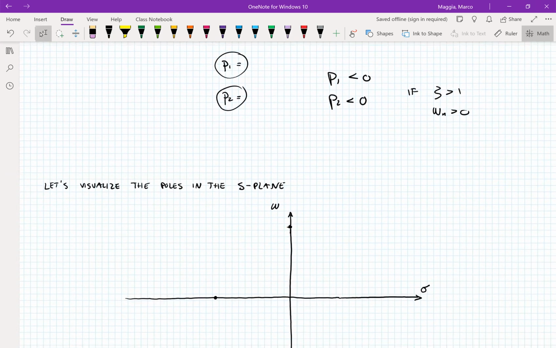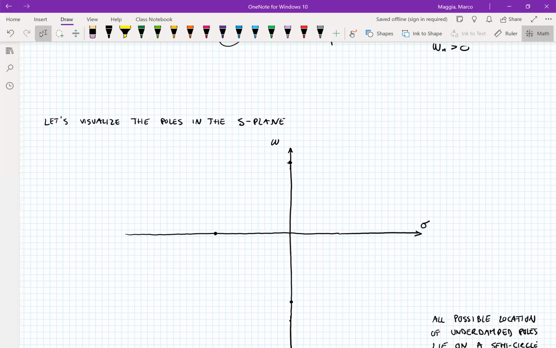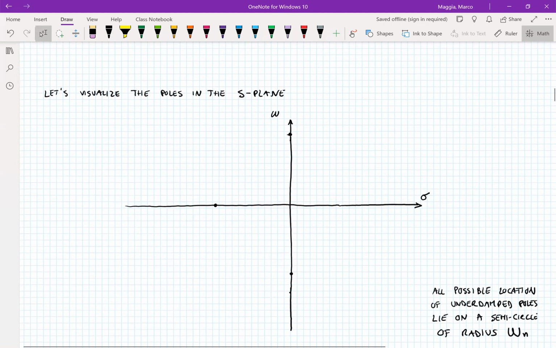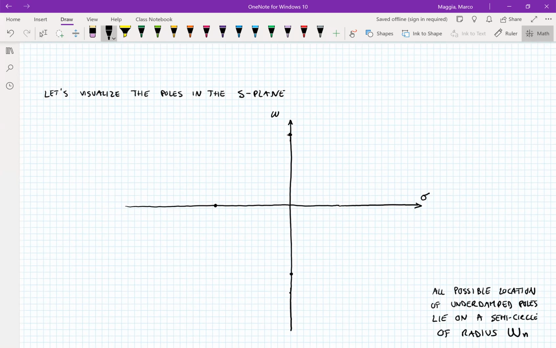All right, so now why don't we visualize all these poles for these 4 cases in the S-plane? Remember the S-plane, we can plot complex numbers in a plane, and the coordinates are going to be their real part and their imaginary part. So the x-axis is the real axis, and the y-axis is the imaginary axis.